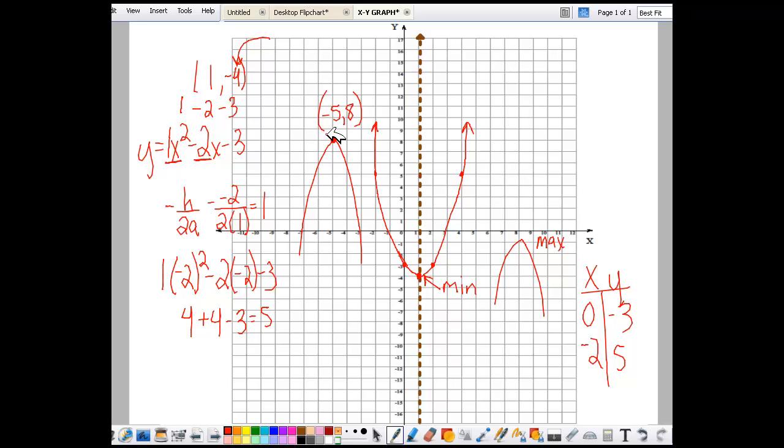And if it said, what is the maximum value, they are looking for the y value. Okay, so the maximum value would be 8. This minimum value would be negative 4. That's what they're looking for. Okay?